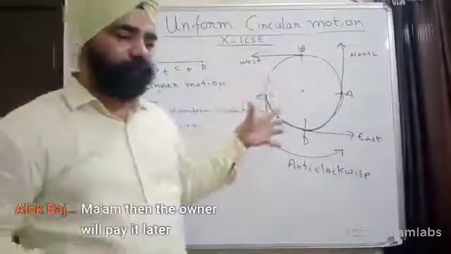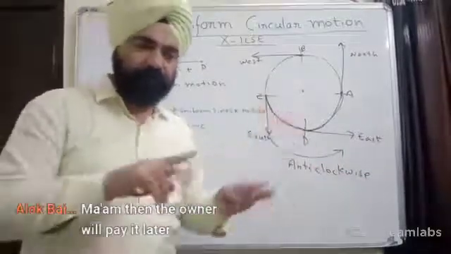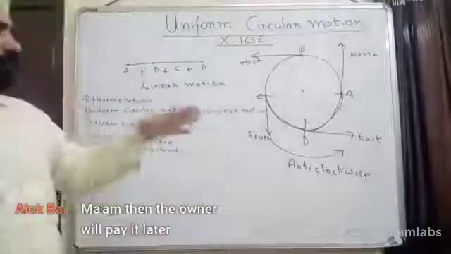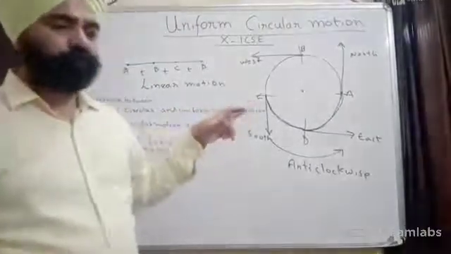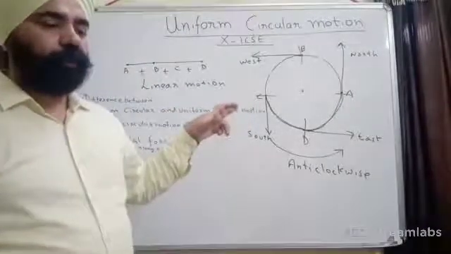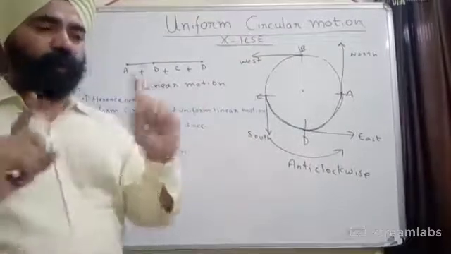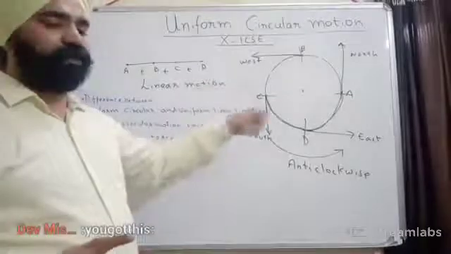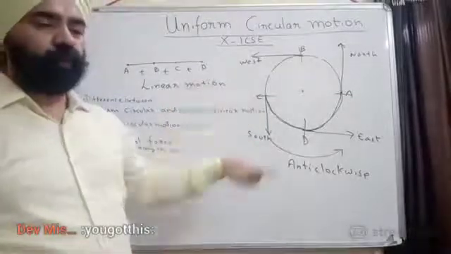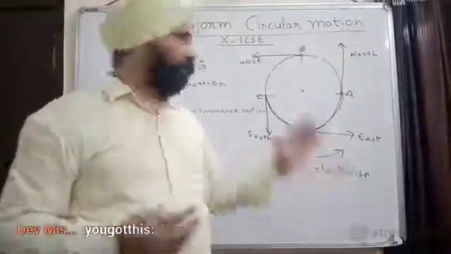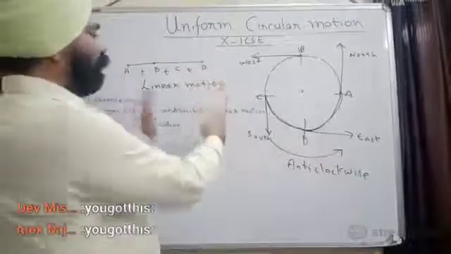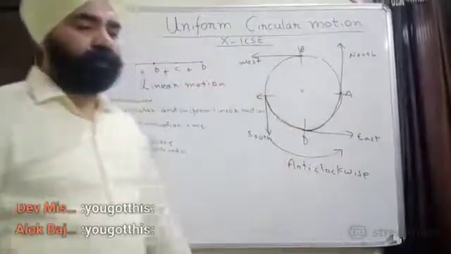How come this has become accelerated? Can anybody write a line to me? What difference did I tell you between both two? What is changing? One word. What is changing between the uniform linear motion and uniform circular motion?